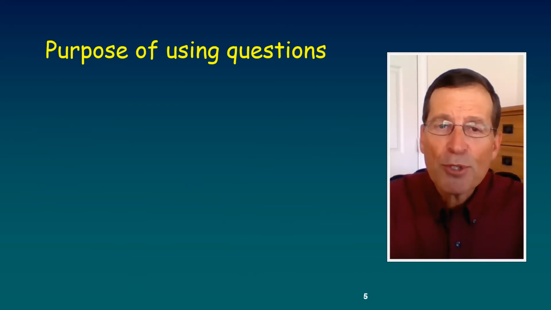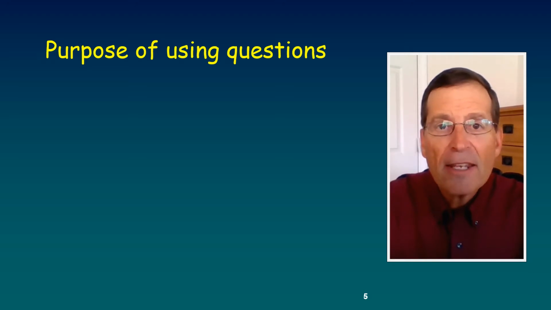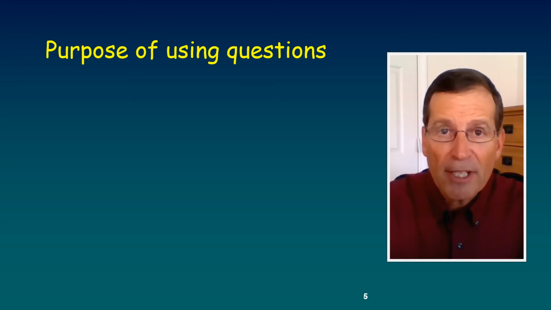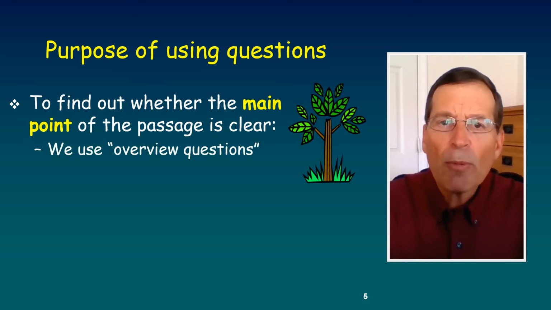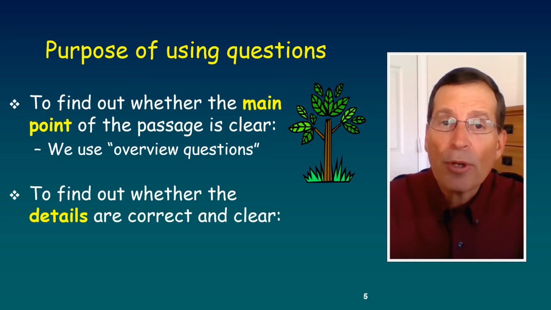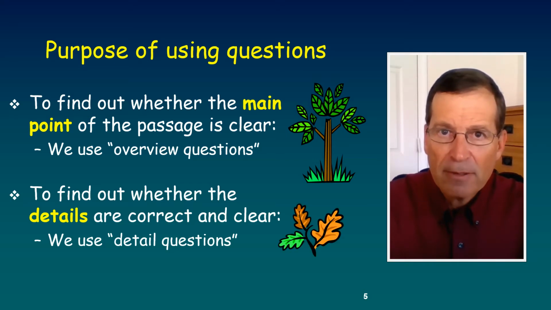A couple of times so far in this training, we have talked about looking at the big picture and then focusing on details. And that is also useful for doing questions for community testing. So to find out whether the main point of the passage is clear, we use what we'll call overview questions. And then to find out whether the details are correct and clear, we'll use what we call detail questions.